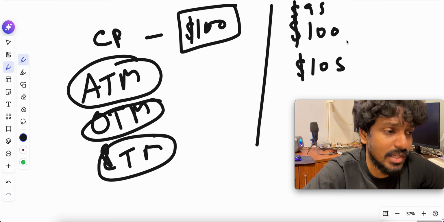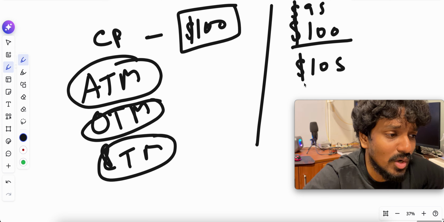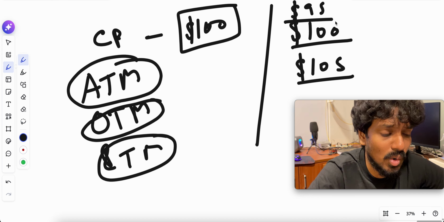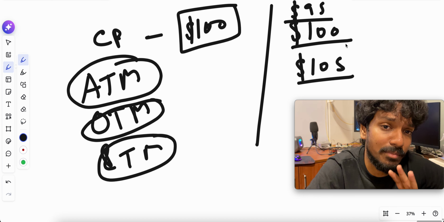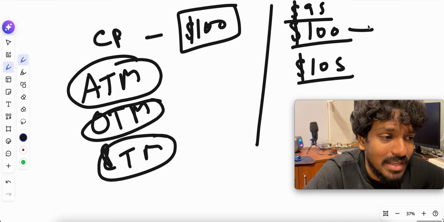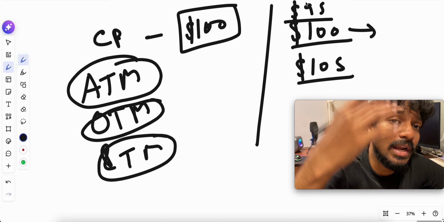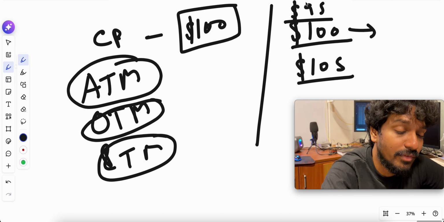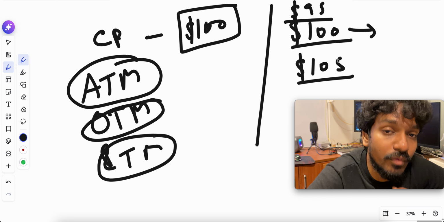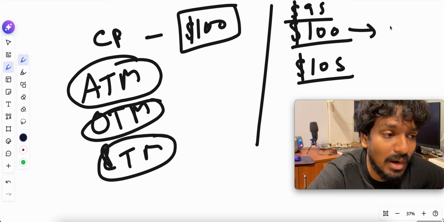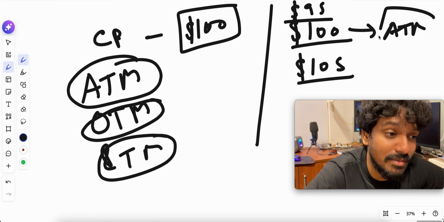In this we can assume this is one contract, this is one contract and this is one contract. In this, which one is at the money? At the money is nothing but around $100, between above $95 and below $105, which will come under ATM, at the money.